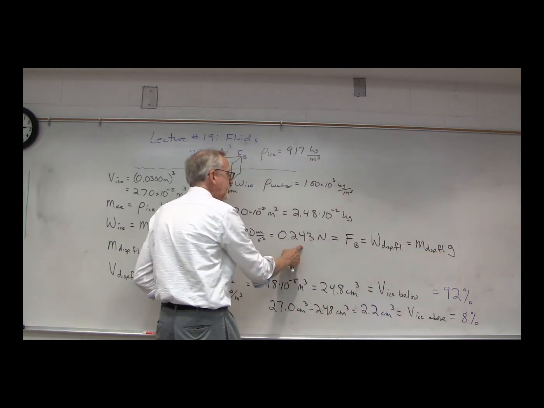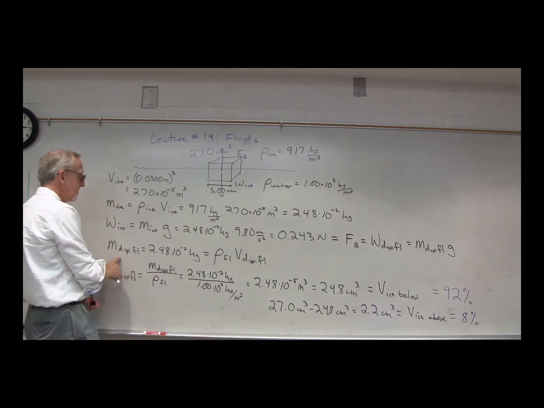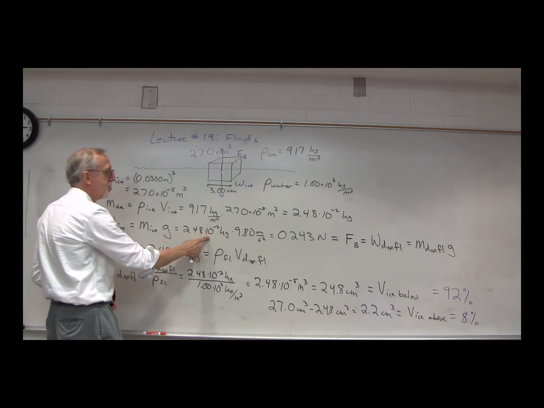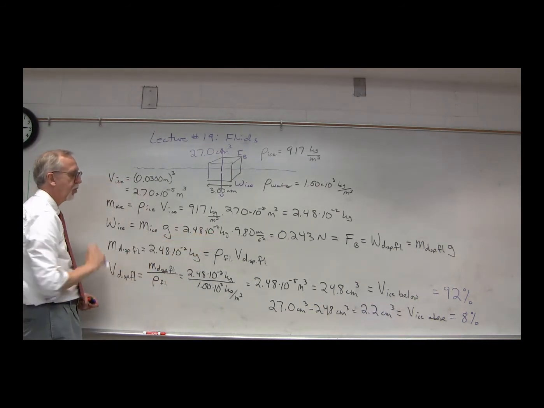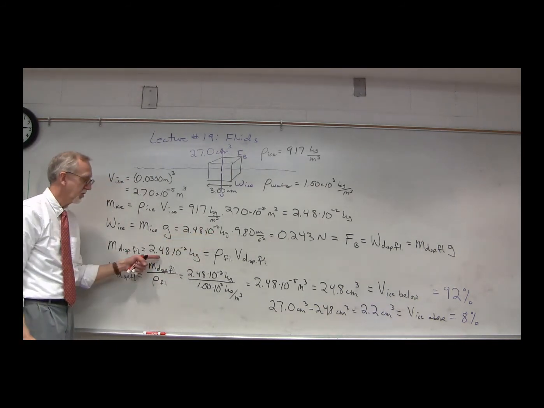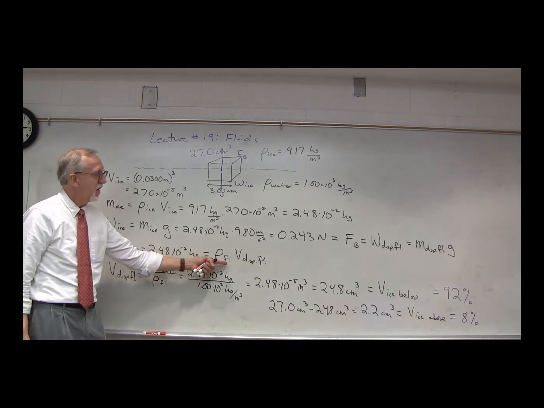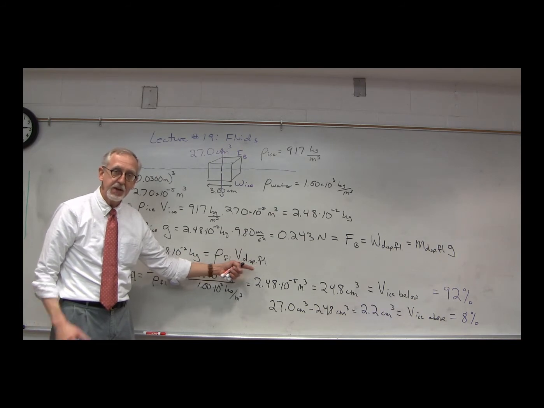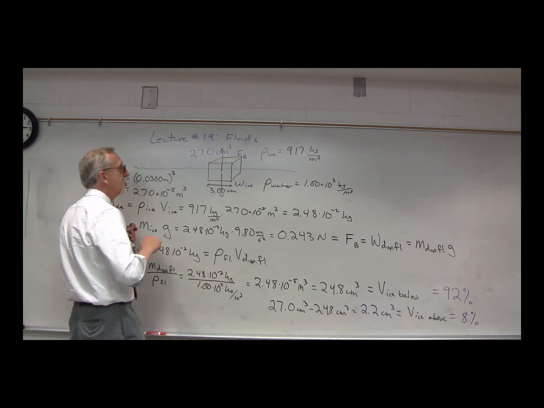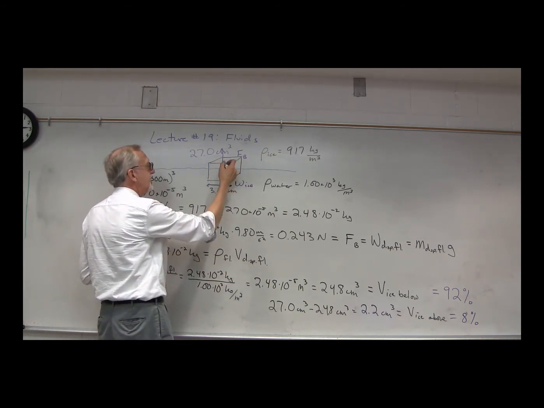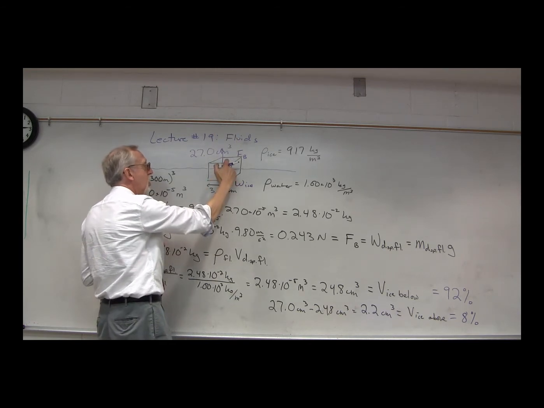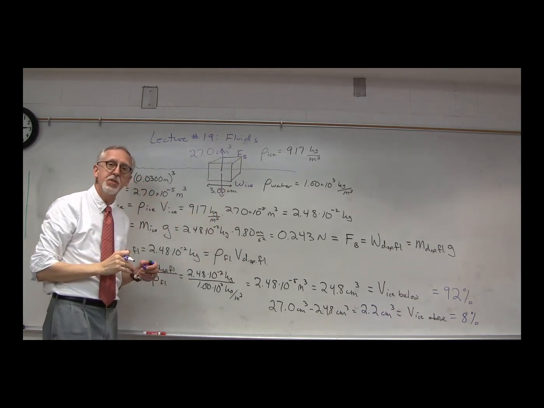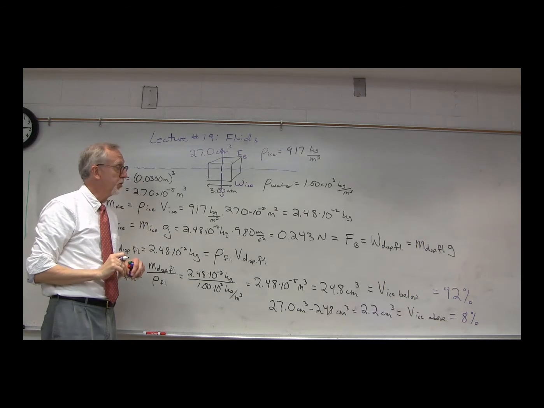So dividing by g, the mass of the displaced fluid is the same as the mass of the original ice, 2.48 times 10 to the minus 2 kilograms. Now that must be the density of the fluid times the volume of the displaced fluid. Notice in this case, because part of the ice is above the surface, it's only the part of the ice below the surface that's displacing the fluid.